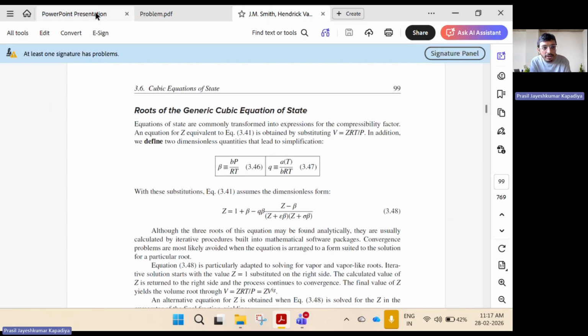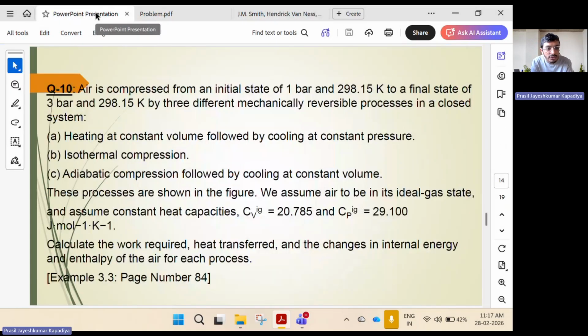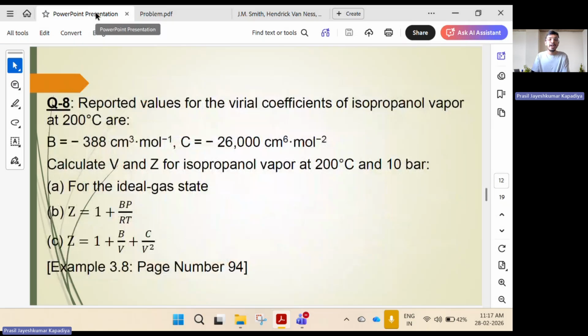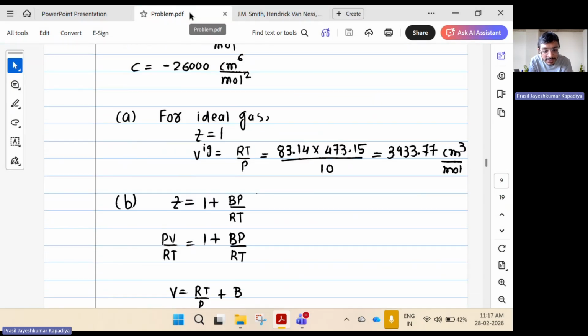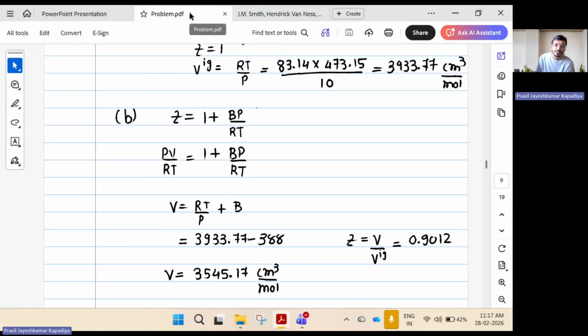Now for the second part, the relation I am supposed to use is Z equal to 1 plus BP by RT. So I replaced Z as PV by RT equal to 1 plus BP by RT.